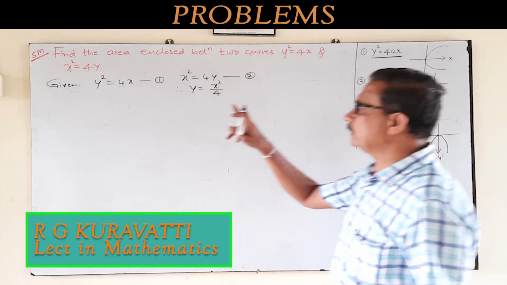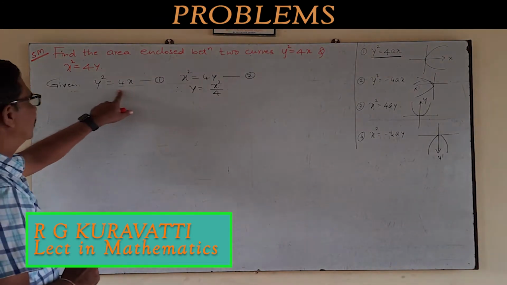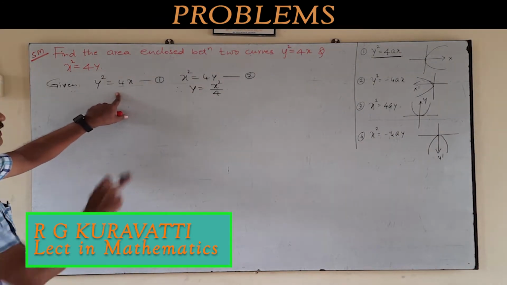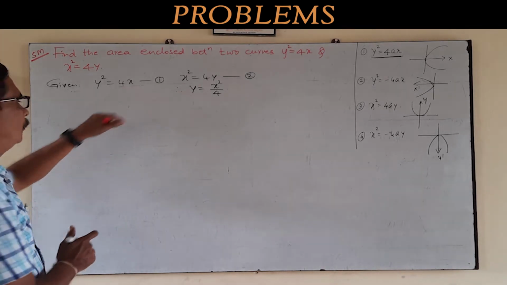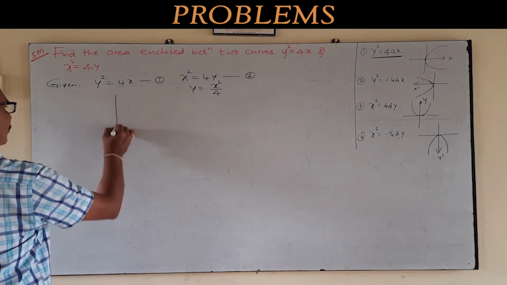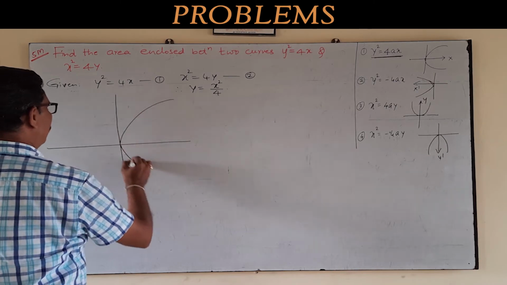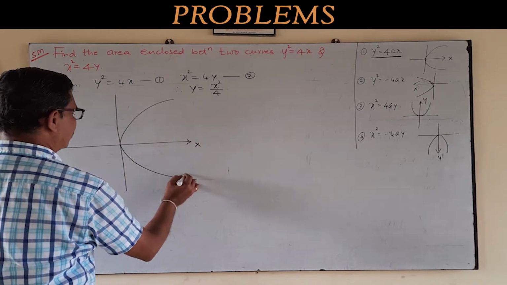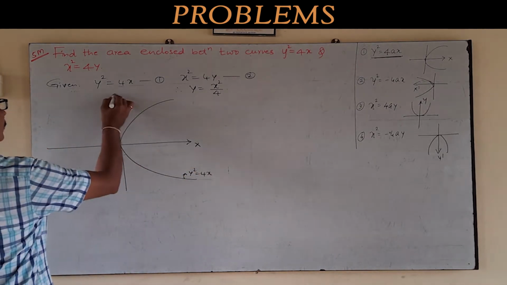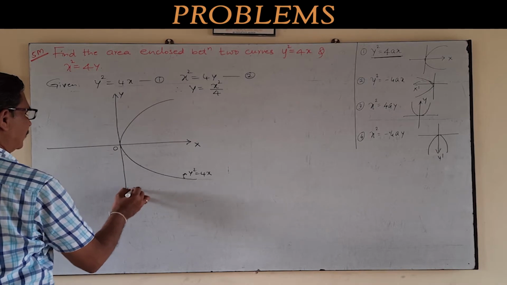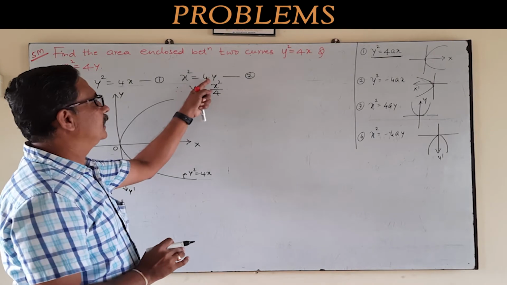Now in this example, the first curve y square is equal to 4x. Observe it, clearly it is in the form of type number 1, that is y square is equal to 4ax. So the curve lies on the positive direction of the x-axis. Then the second curve, x square is equal to 4y.